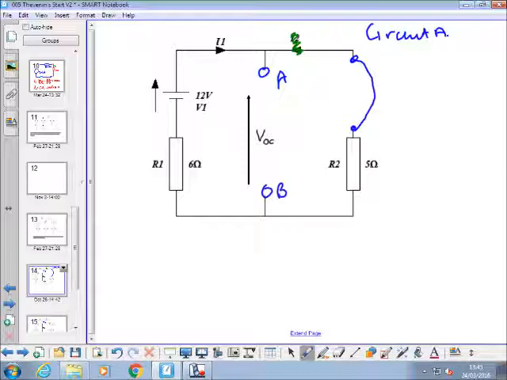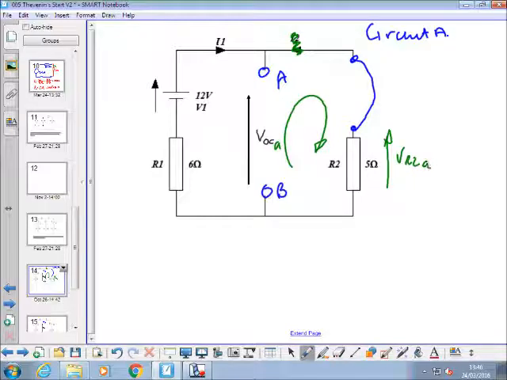So we've got here a KVL loop involving VOC,A and VR2,A, where VOC,A must be equal to VR2,A, because that's a clockwise loop and that's an anti-clockwise loop. So we can find that voltage.